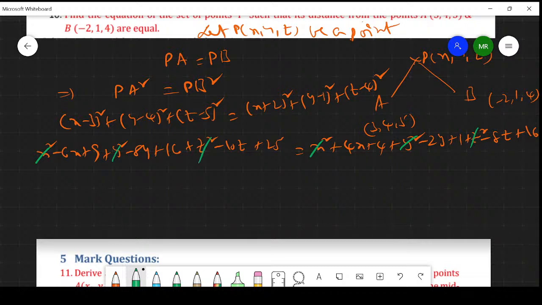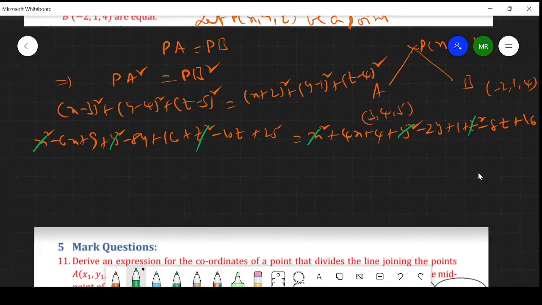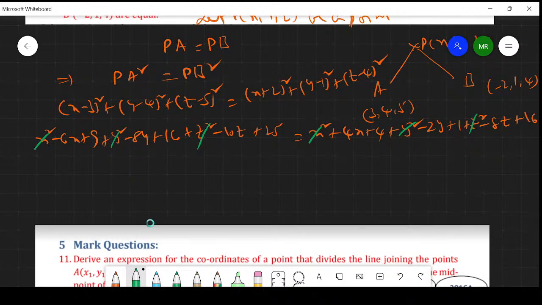Now you simplify. Transfer all x terms to one side. If I simplify, minus 6x plus 4x, minus 10x. Minus 8y, transfer one side, minus 8y plus 2y. Minus 6x minus 8y minus 10z.